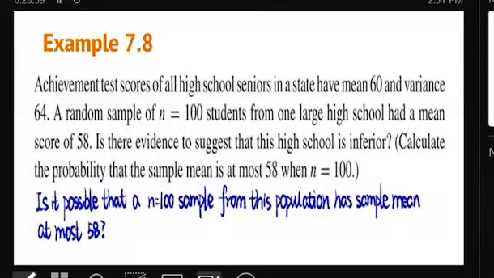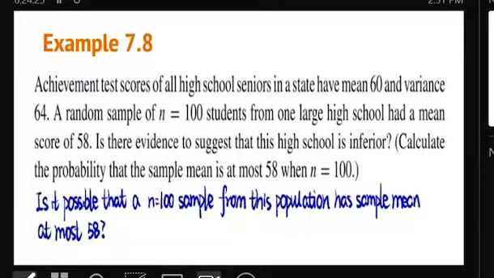A population actually has a mean of 60 and a variance of 64. And you choose a random sample of 100 from one large high school, and you have a mean score of 58. Of course, everybody knows that 58, which happens to be the average for their high school, is less than the population mean.